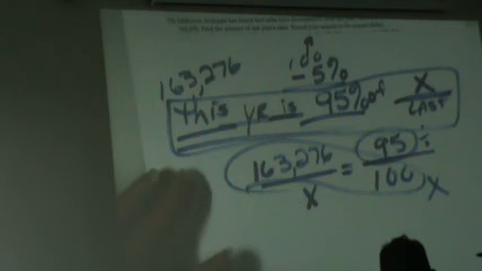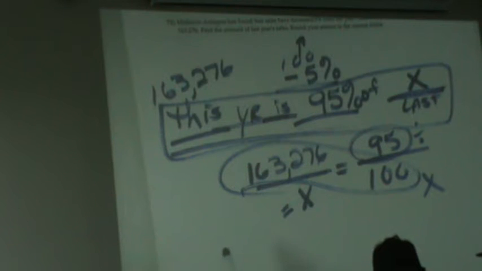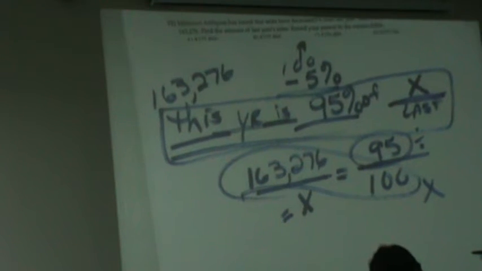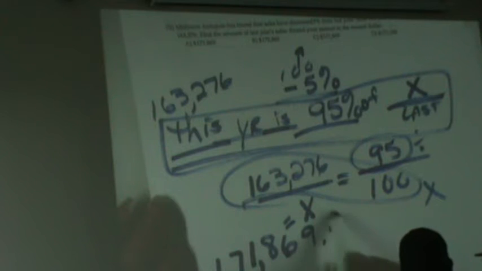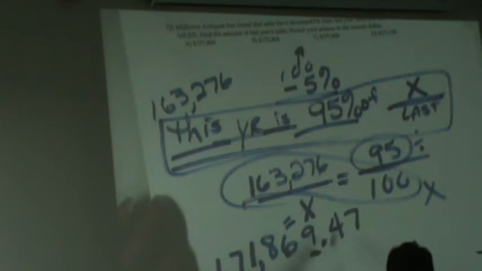Okay, it said to round to the dollar, so it may come out where you have to round it. 171,869.47.